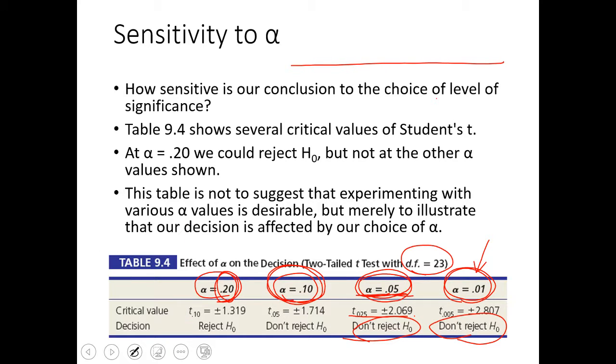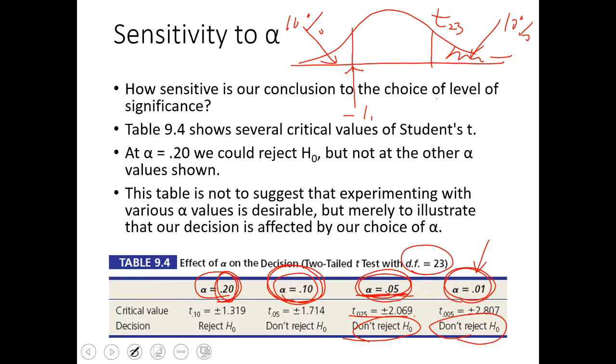Here is the t distribution with degrees of freedom 23, this part covers the 10% right tail, and this part covers the 10% left tail, and this number is minus 1.319, and this number is plus 1.319.